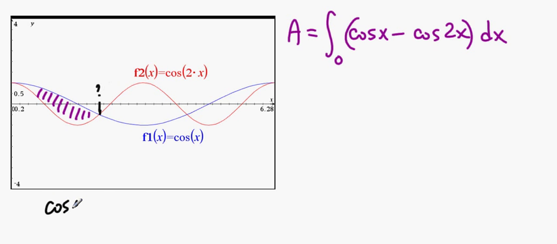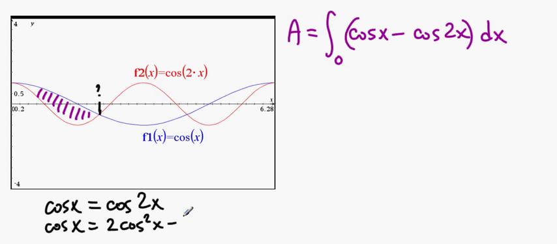I've got to know where cosine x is equal to cosine 2x, which means I've got to know where cosine x is 2 cosine squared x minus 1, and I do some solving, and I end up with 2 pi over 3. I'll let you figure the trig out because you're probably better at the trig than I am.